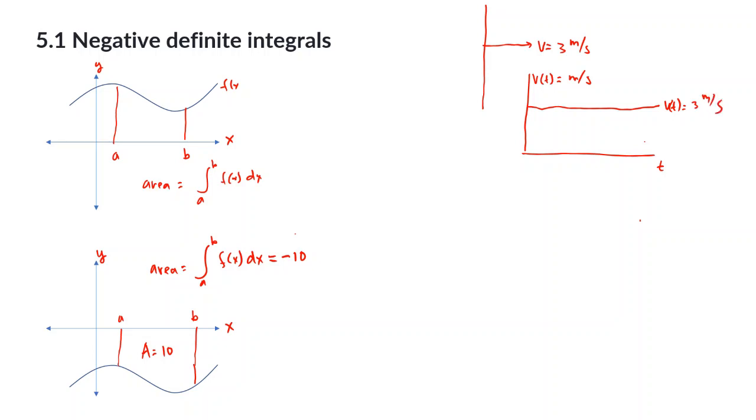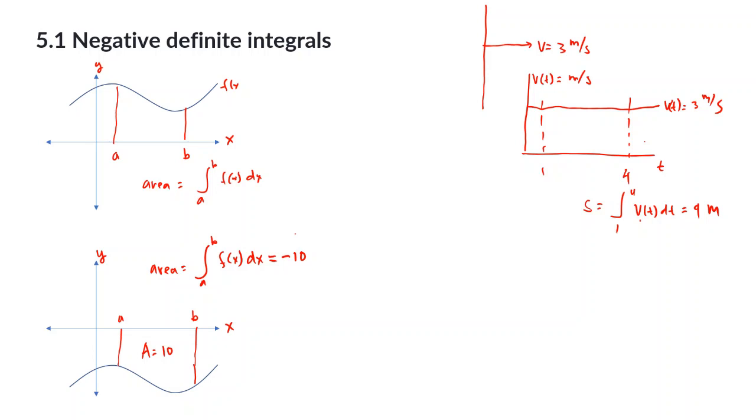If you are given, for example, the total distance from time 1 to 4, we can easily define it as the distance s equal to the integral from 1 to 4 of v(t) dt, which equals 3 times 3, equal to 9 meter.